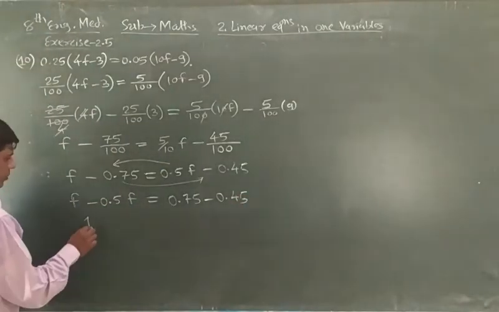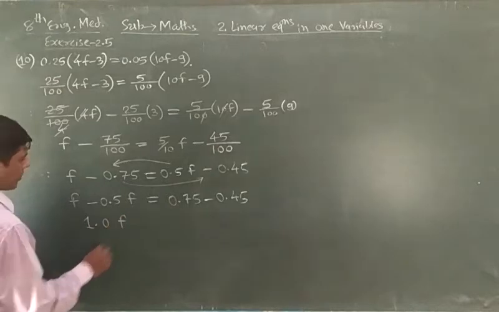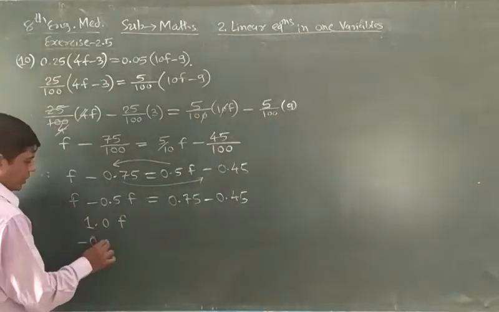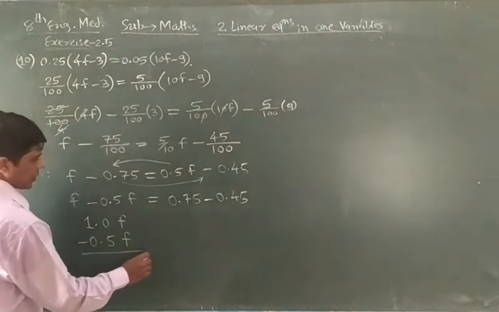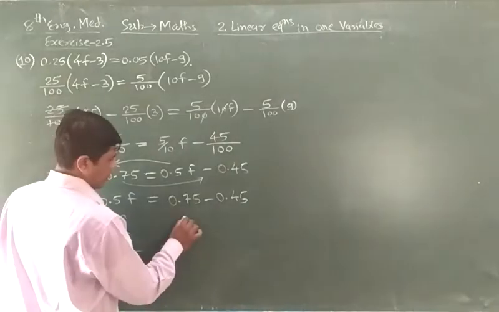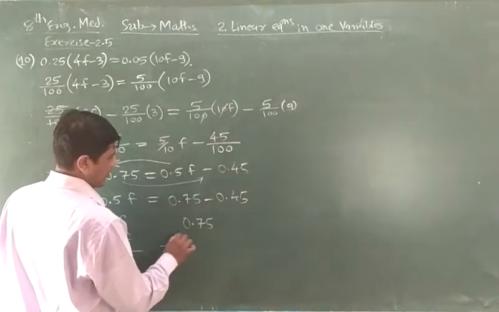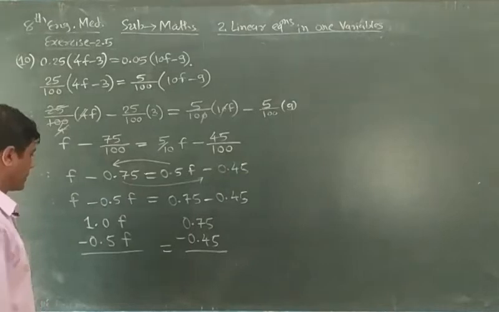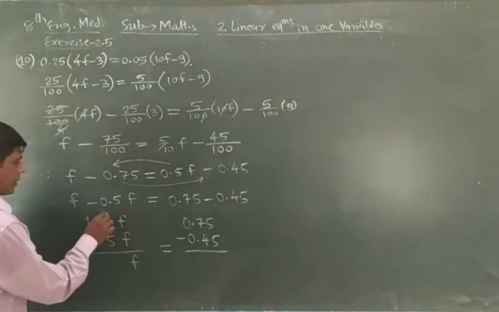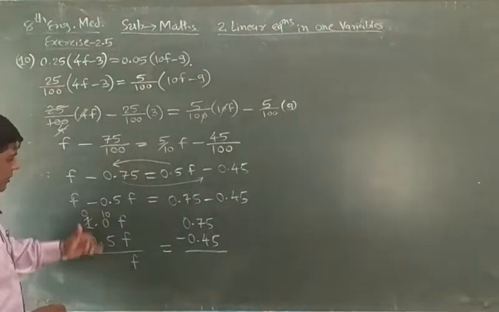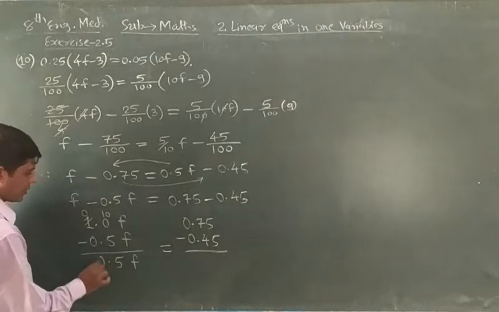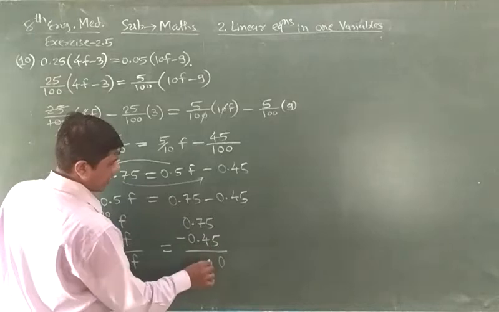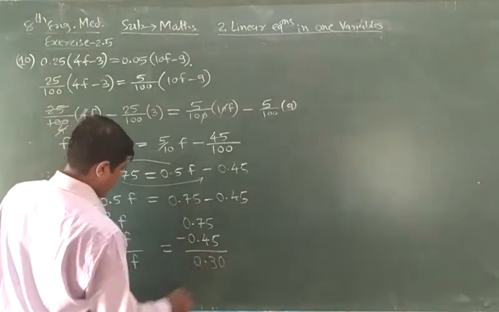You see properly 1.0f, because here coefficient 1, here 0.5f. Okay, same here, 0.75 minus 0.45. This cut, f. 10 0, 10 minus 5 is 5, 0, 5 minus 5 is 0, 7 minus 4 is 3, 0.30.